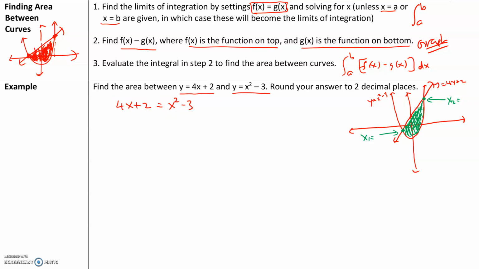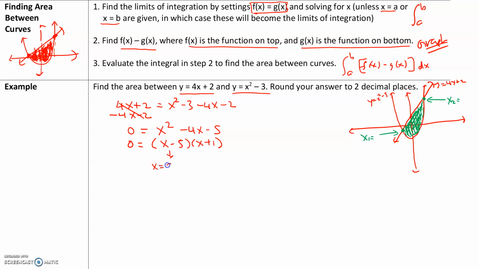To solve that equation, we move everything to one side because we got a quadratic. So we subtract 4x and subtract 2. When we do that, we get 0 equals x squared minus 4x minus 5. If you factor this, it's x minus 5 times x plus 1. Negative 5 times 1 is negative 5, and negative 5 plus 1 is negative 4.